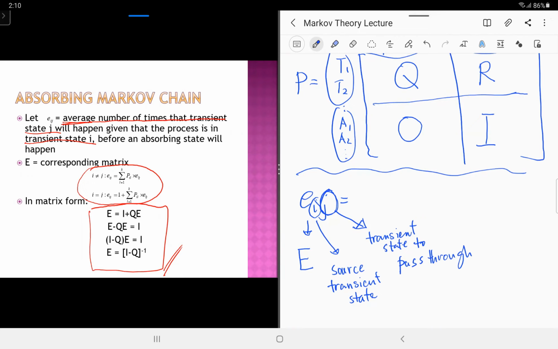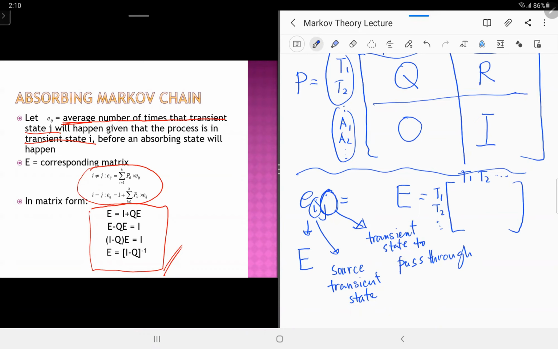Okay, so again, the premise of matrix E is that you will now have all the transient states listed here, T1, T2, and so on. And then you'll have T1, T2, and so on. So for matrix E, we're just talking about transient states.